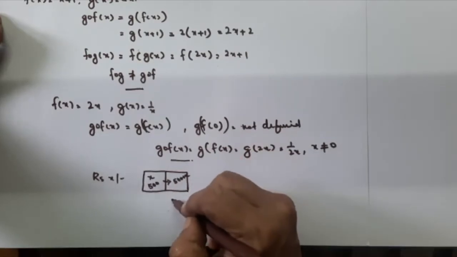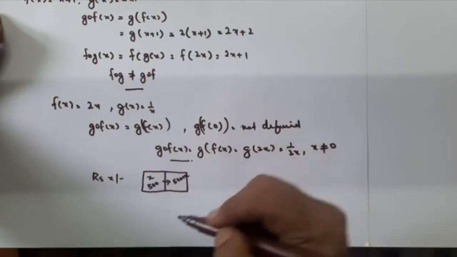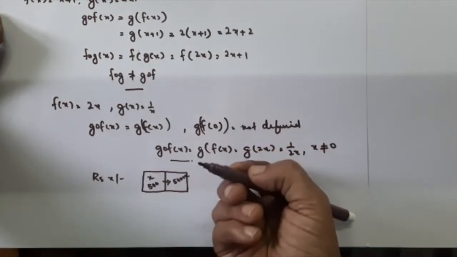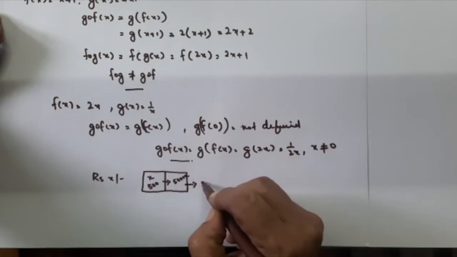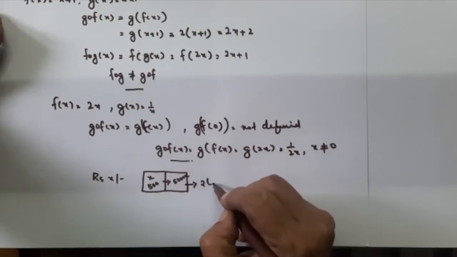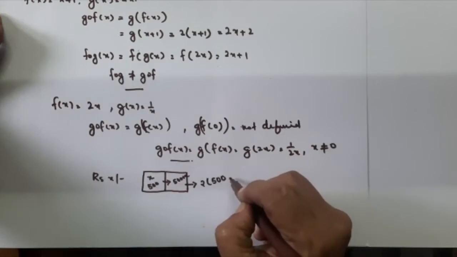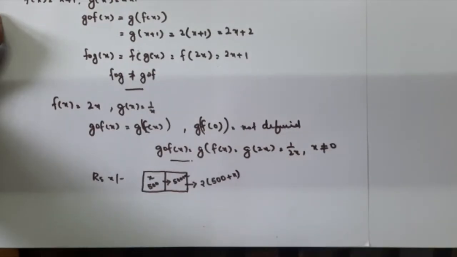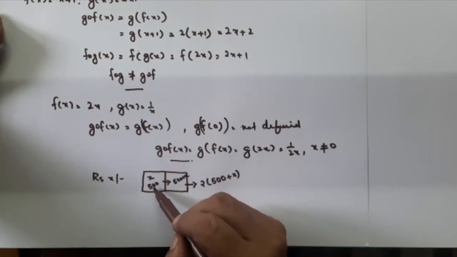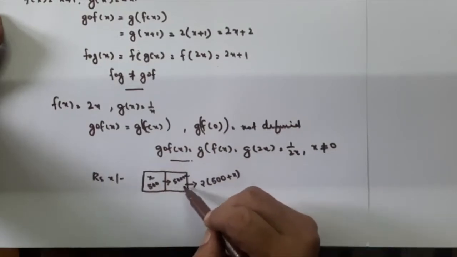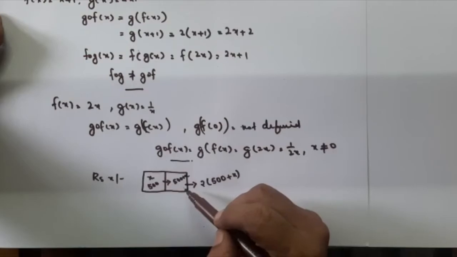And the second compartment has the capacity to make it double. That means when it comes out, it is double. That means it becomes 2 into 500 plus X. That means if I put 100 rupees in the first compartment, when it is moved to the second compartment, it becomes 500 plus 100, that means 600.